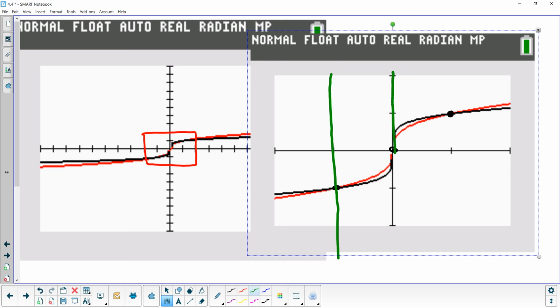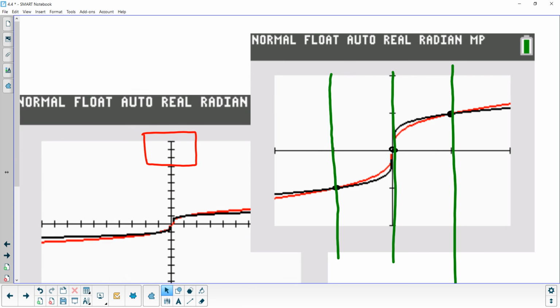Then you have the section between -1 and 0. You have a section between 0 and 1. And then you have more than 1. For odd roots, if you are between -1 and 0, or if you are more than 1.